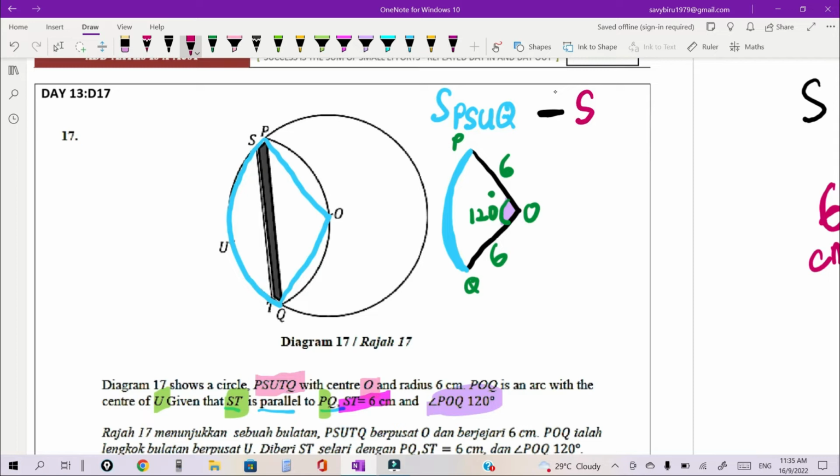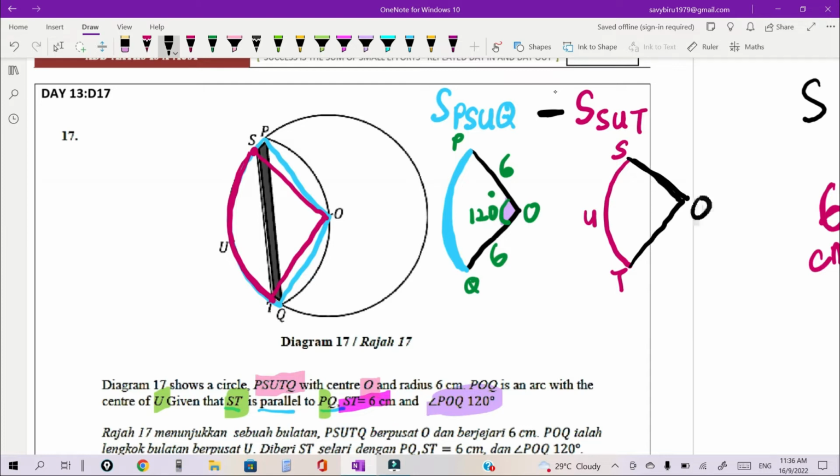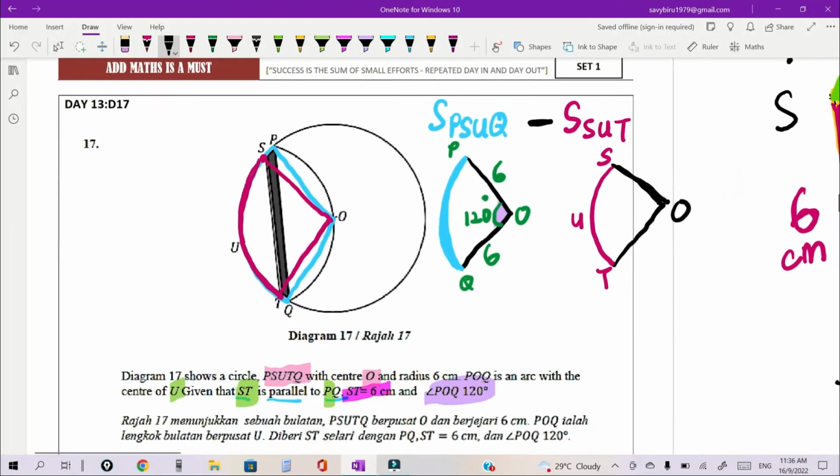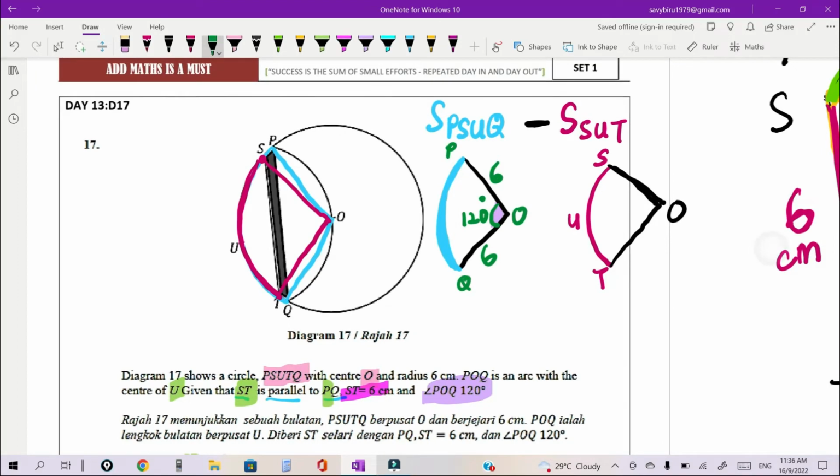the length of arc SUT, where the center is at O. From the first part of the question, we got 60 degrees just now.